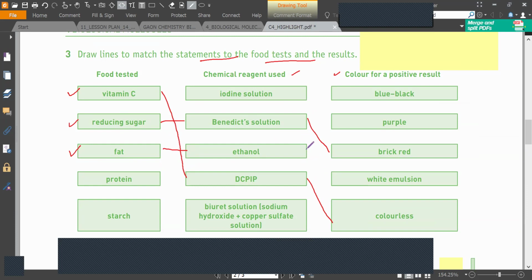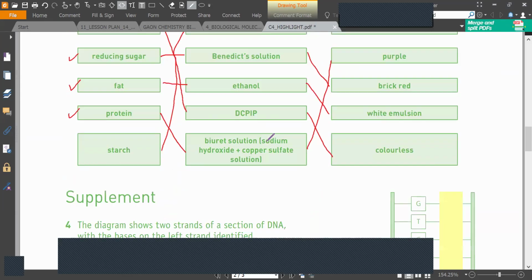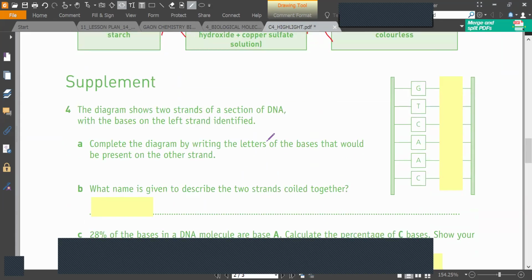White emulsion. Protein? Biuret. Yes. Positive result? Blue, black. No, purple. Yes. So finally, starch will be using iodine and blue-black for positive result. Excellent. So this topic is easy.